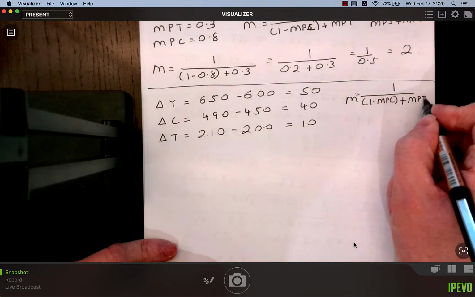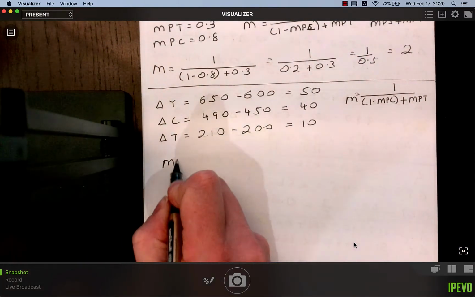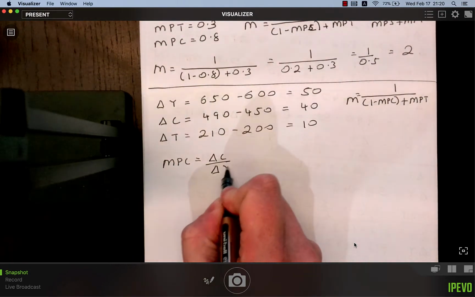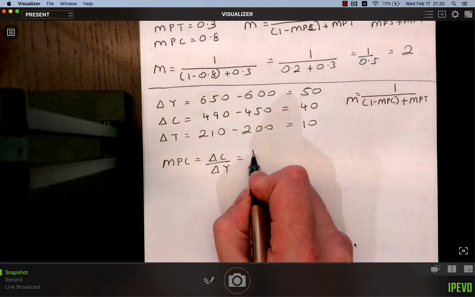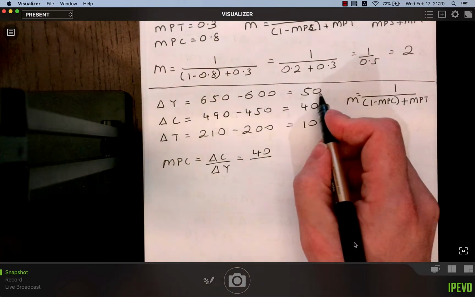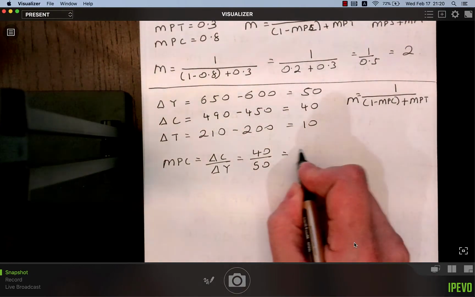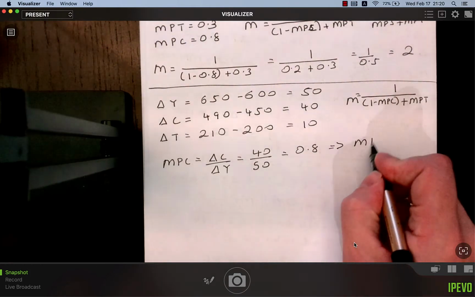So the MPC equals the change in consumption over the change in income. Well, the change in consumption was 40, as we can see here, so I'm going to write down 40 here, and the change in income was 50. So that's 0.8, I think. So the MPC in this question equals 0.8.